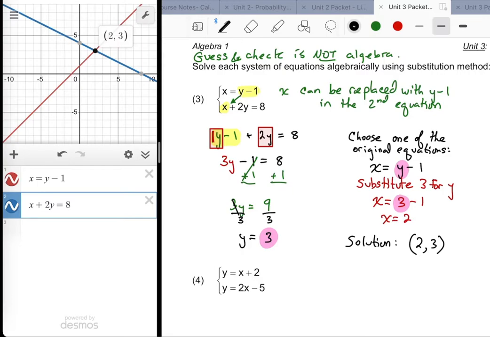All right. Now, in number 4, I'll just do one more and then I'll give you the time to practice this. Because there are really two types of problems when it comes to substitution. One where it's given in what we call implicit form, where you have at least one equation that's not solved for a variable. Like in number 3, we had x plus 2y equals 8.